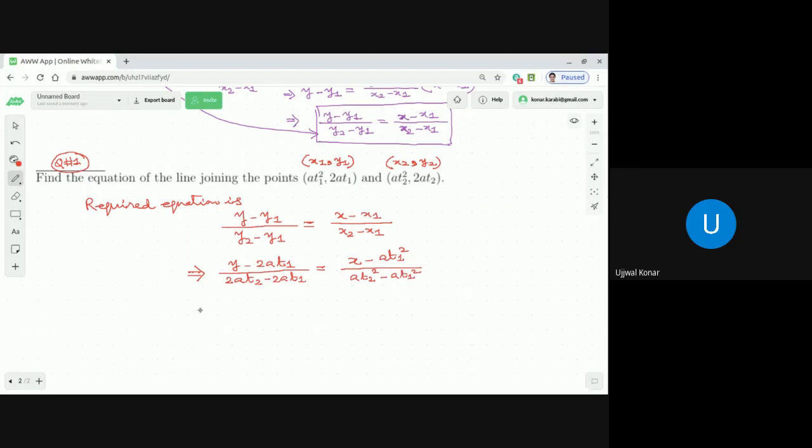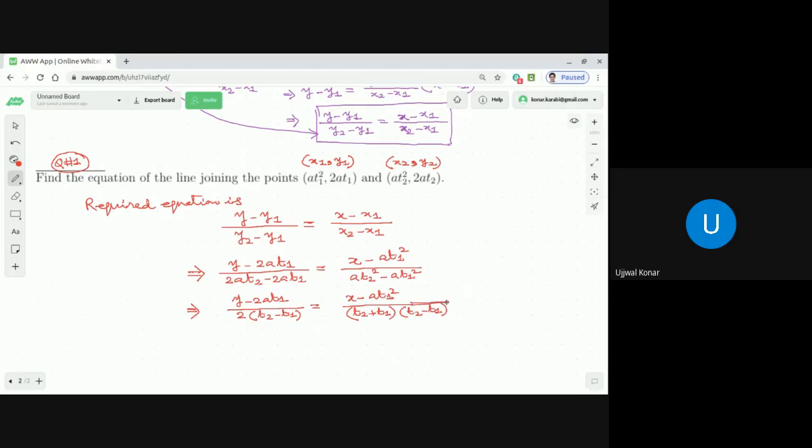Now we can simplify. In both the sides, a will get cancelled. So then what we are going to get is y minus 2at1 divided by, 2a we can take common, so we can take 2 into t2 minus t1, simple algebraic simplification, and here it is x minus at1 square divided by t2 square minus t1 square, that means t2 plus t1 into t2 minus t1.